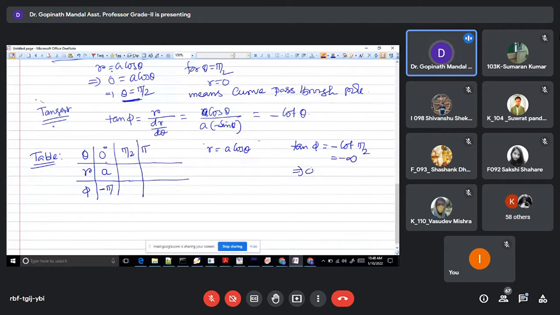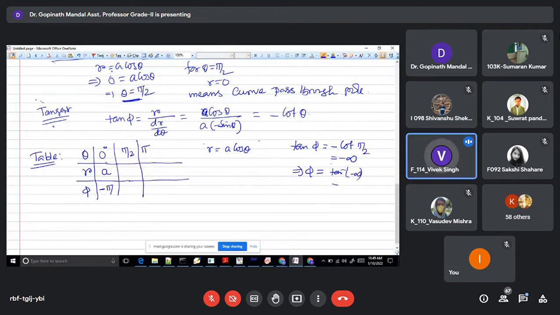For that case, phi equal to tan inverse of cot 0... Sir, it would be minus cot 0, and cot 0 is minus infinity.